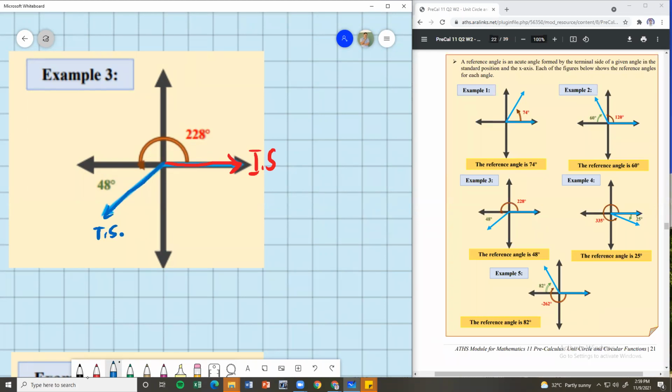Question, which side of the x-axis is our terminal side nearest? Initial side or left side? Type your answer in the chat box. Where is our terminal side nearest? Left side or initial side?